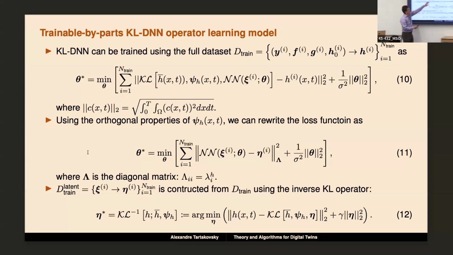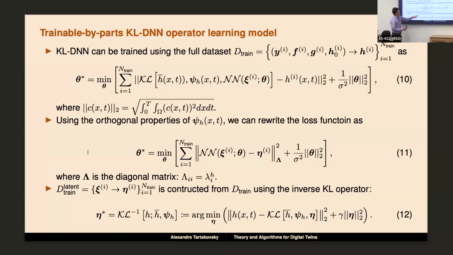Of course, to compute this norm, we would discretize the integrals and use our training data set to compute it. However, it's expensive to compute this norm this way. But what we can do is use the orthogonal properties of the eigenfunctions to reduce this functional norm to the norm of just a vector.